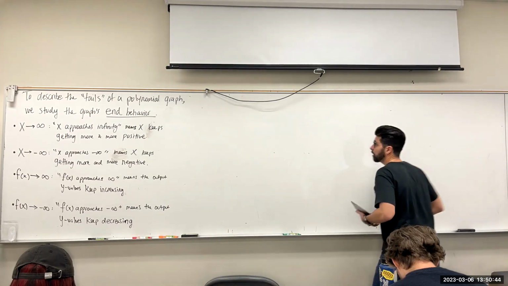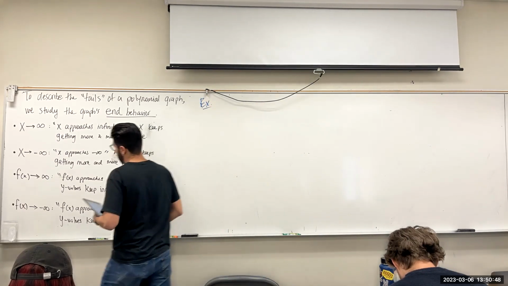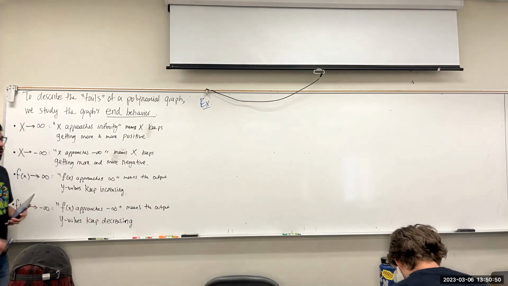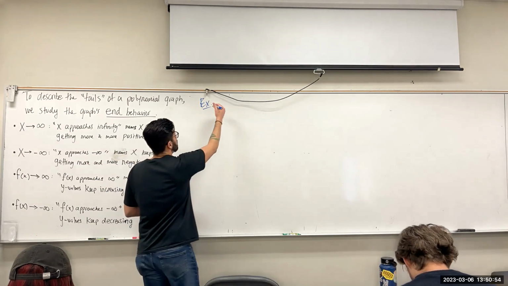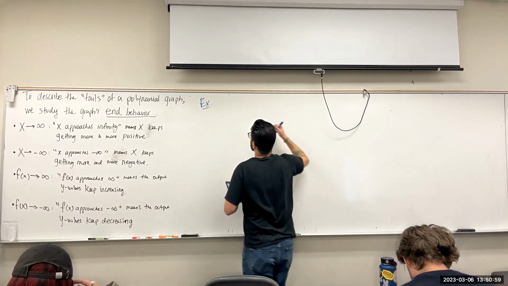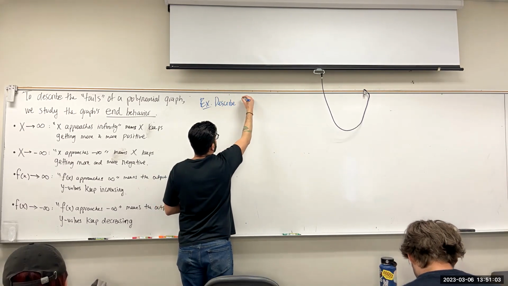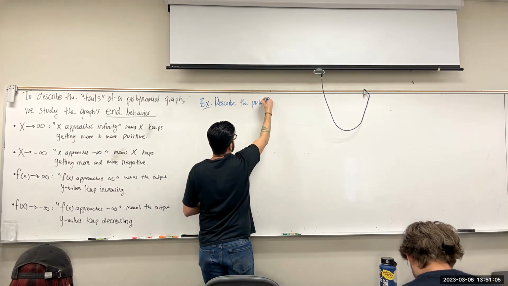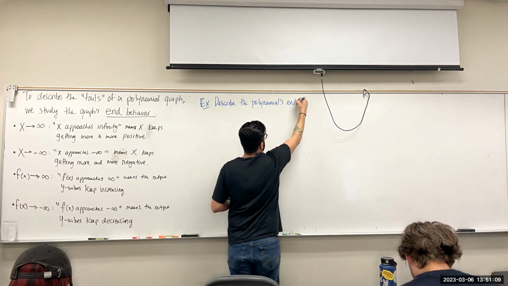Okay, so watch. Let me show you how we're going to use this, and then I'm going to have you guys do it on the graphs that you just did. So it would say something like, describe the polynomial's end behavior.